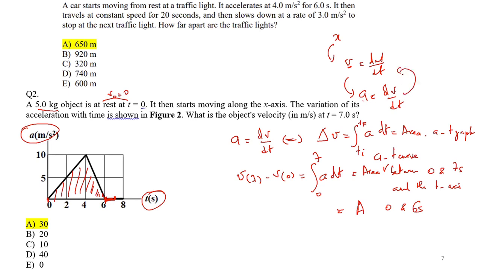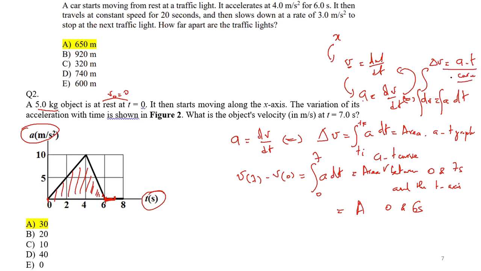Now I can go the other way around. The other way around is an integral. If I have a versus t, let me put it this way: dv is just a dt. So if I take the integral, the change in velocity, delta v, is just the area under the curve of an a-t curve.